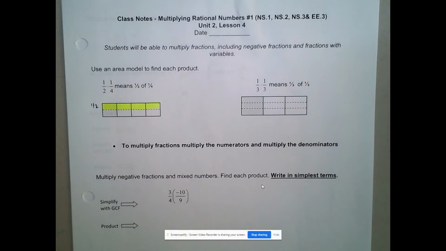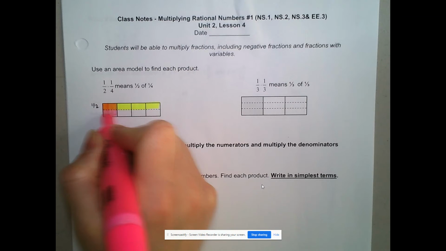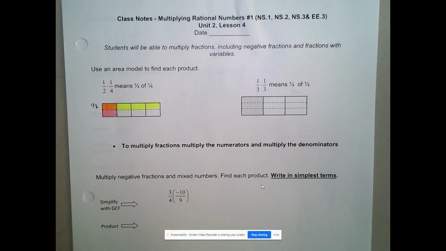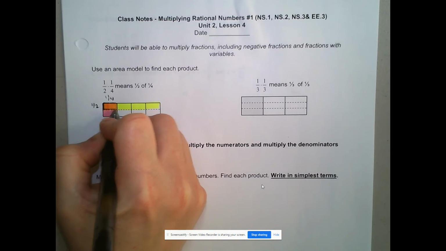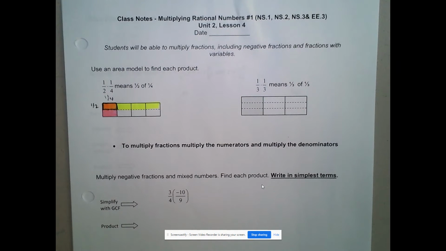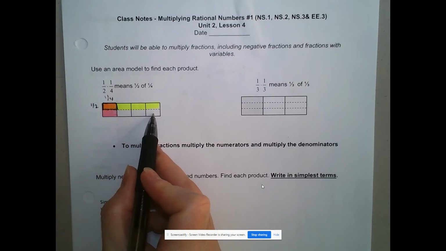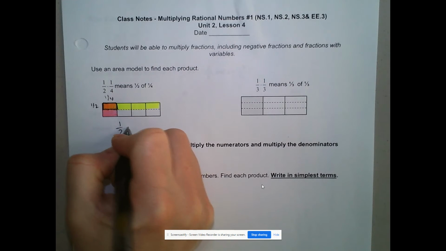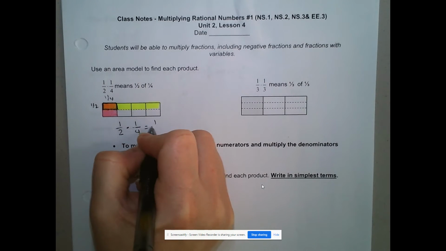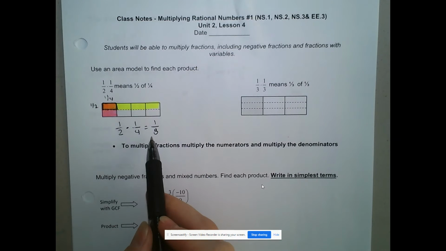And if I did 1/2 in that direction and I did 1/4 in the other direction and I did 1/2 of 1/4, you'd get this one little overlapping region here, which would be your answer to the problem. 1/2 times 1/4 is 1 out of 1, 2, 3, 4, 5, 6, 7, 8 sections. 1/2 times 1/4 equals 1/8. And in order to do that, you multiply the numerators and multiply the denominators. That's it. It's that simple.